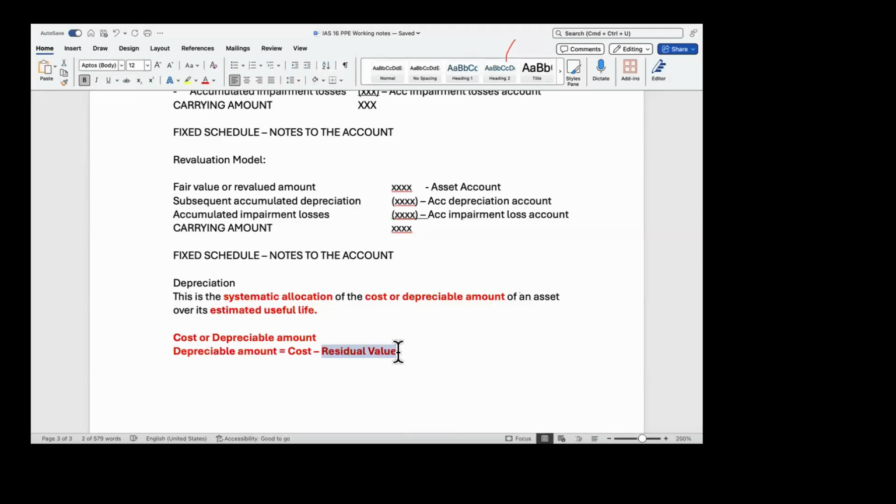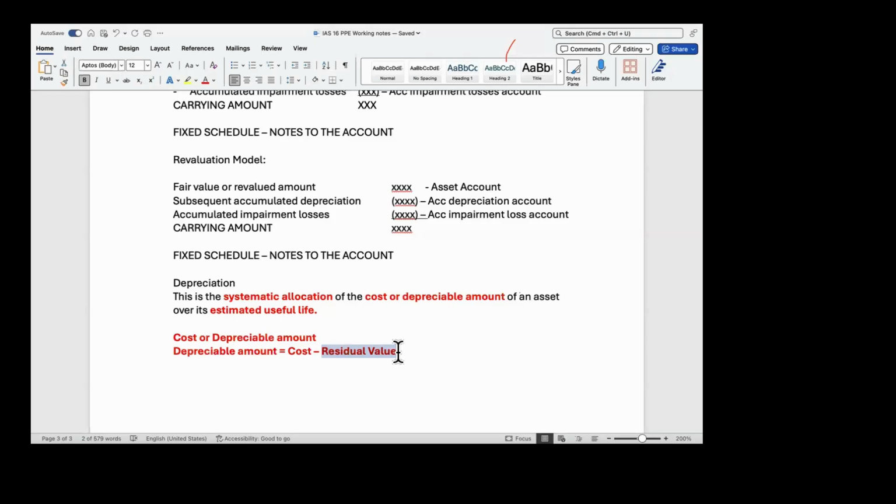And if you have to determine it from year one, that means there is no objective way that you can determine that figure. It's highly subjective, meaning you make an estimate. So to determine residual value, you estimate it.